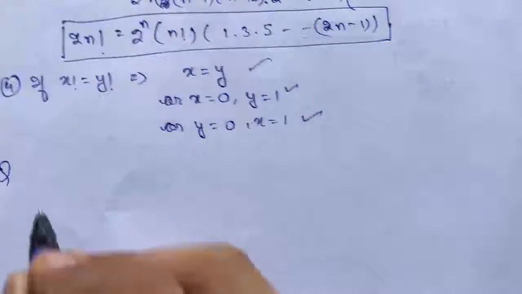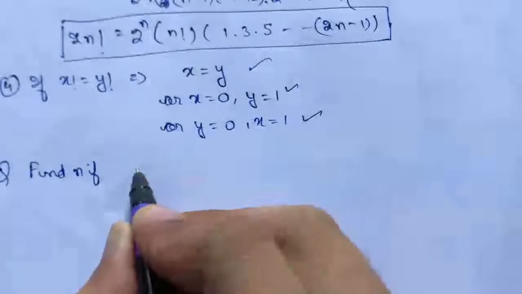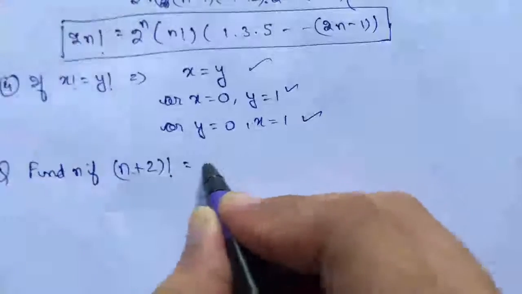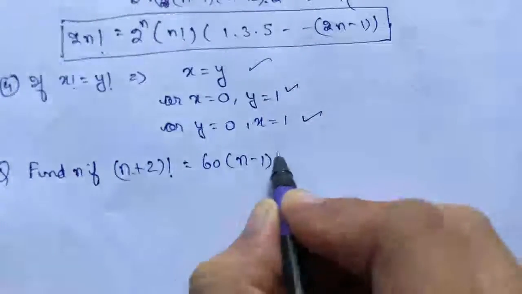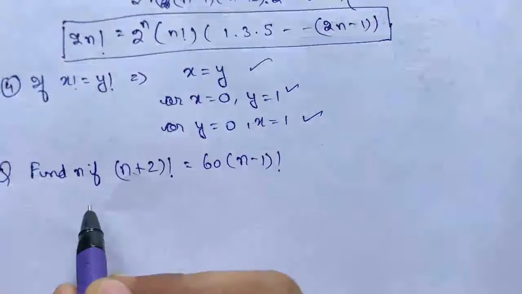Find n if (n plus 2) factorial is equal to 60 times (n minus 1) factorial. Okay, so we'll start writing (n plus 2) factorial in expanded form.